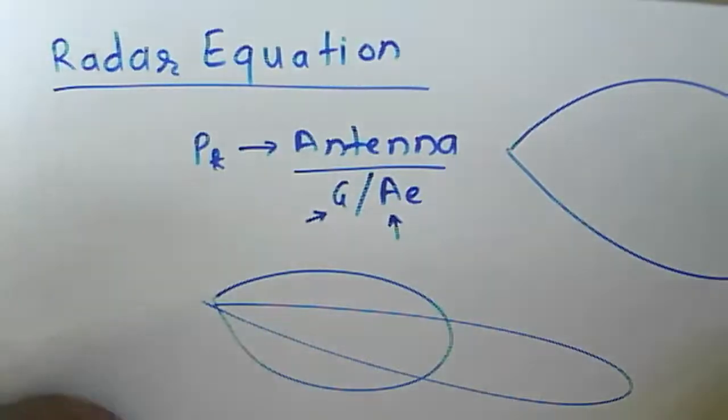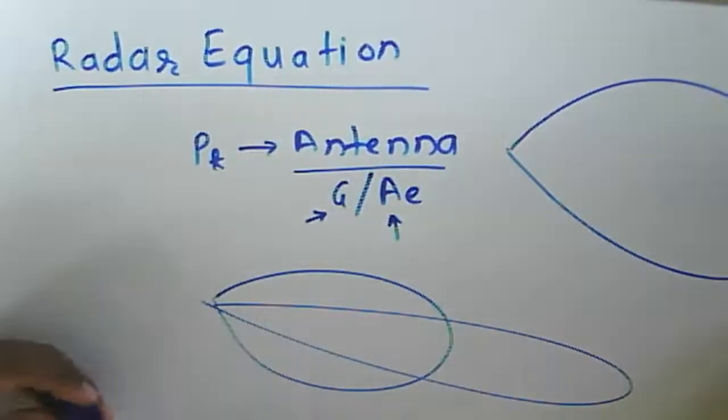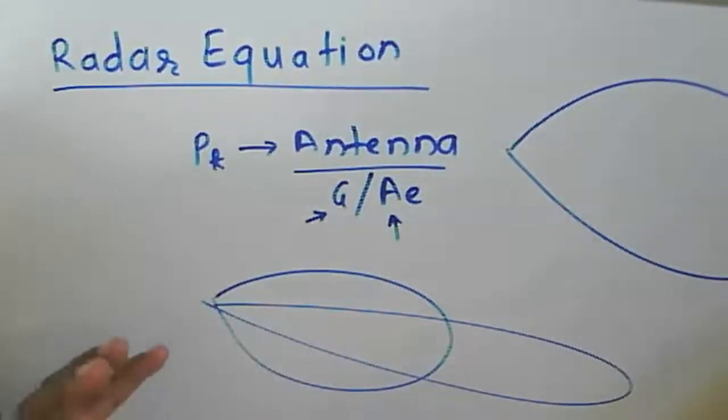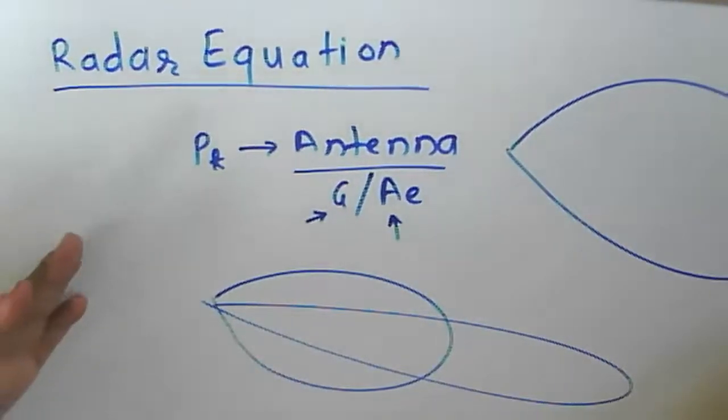So we need to think over whether our antenna will give us a broad beam width or larger area, or whether our antenna will provide a narrow beam, but the area will be small in that particular case.